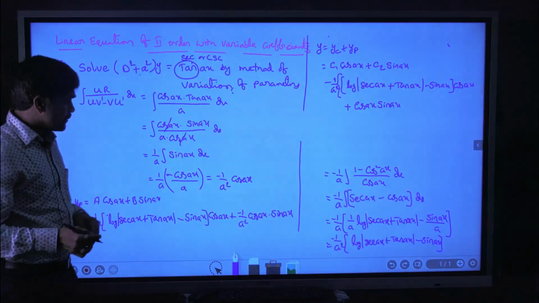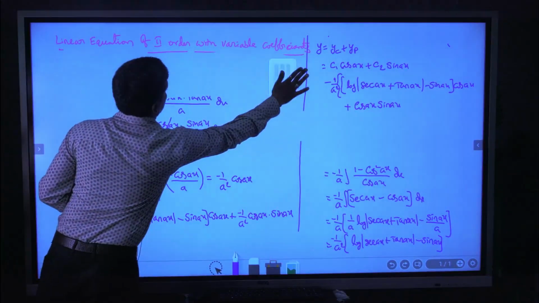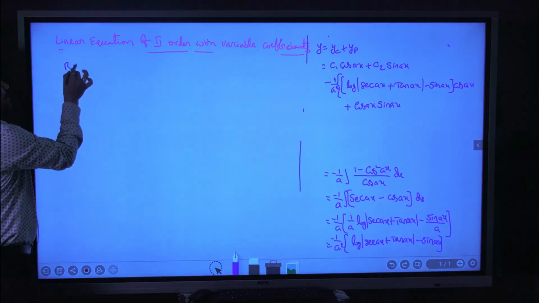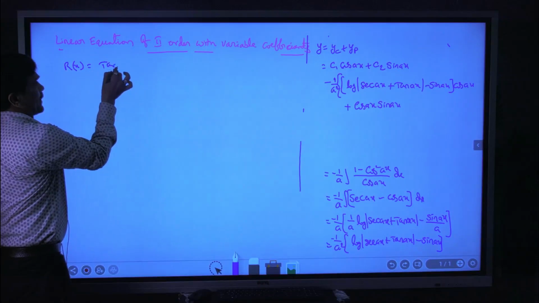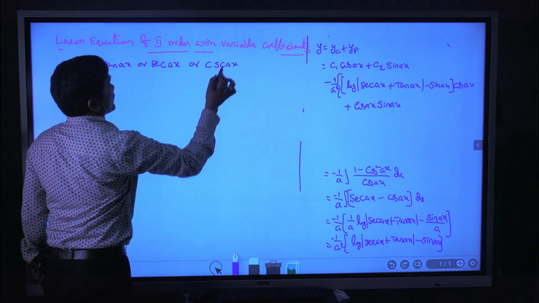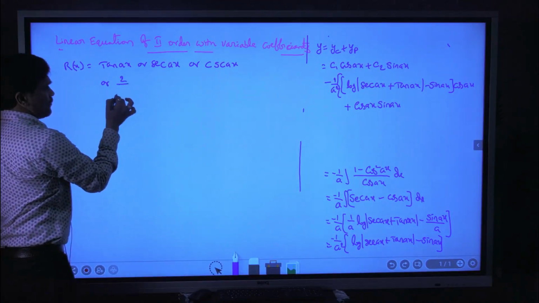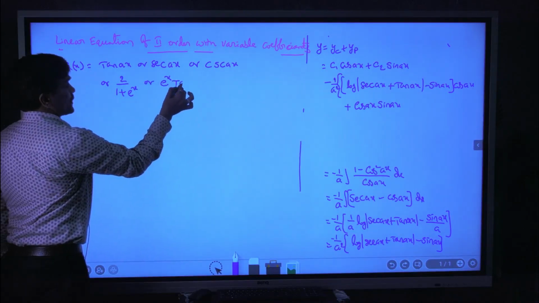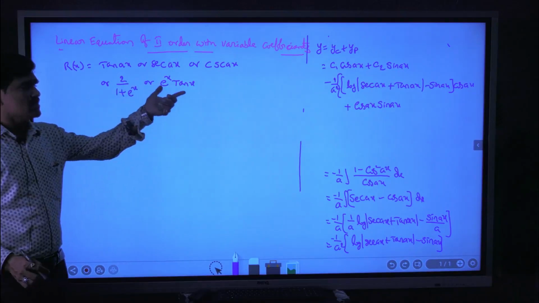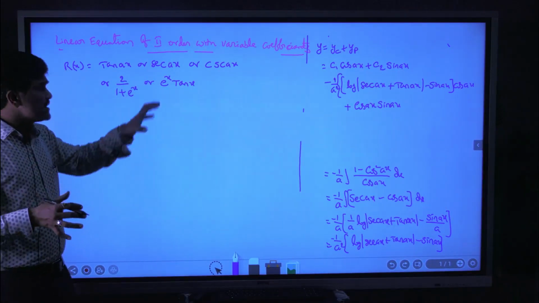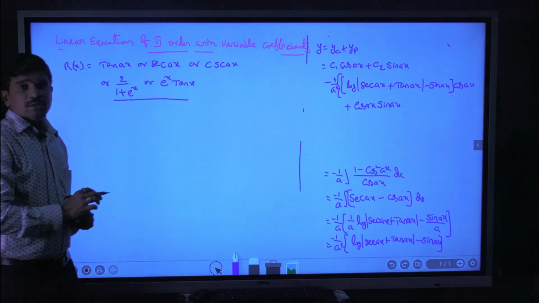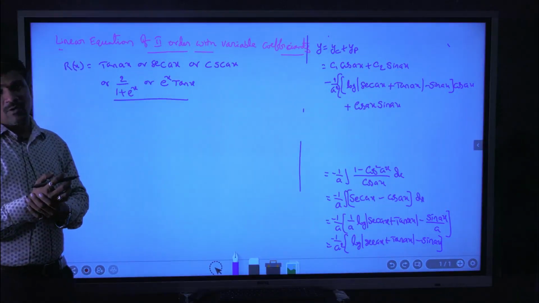For example, when r is equal to tan ax or secant ax or cosecant ax, or 2 by 1 plus e power x, or e power x into tan x, or log x, for any of these r, in different forms, we have to use variation of parameters to solve these types of equations.